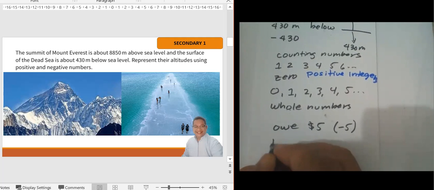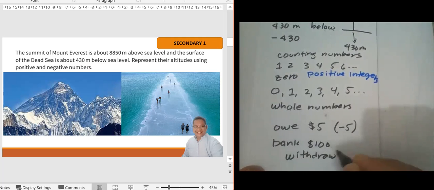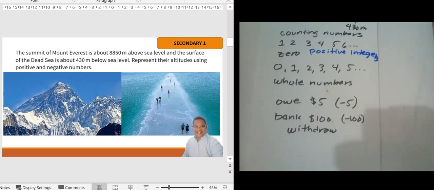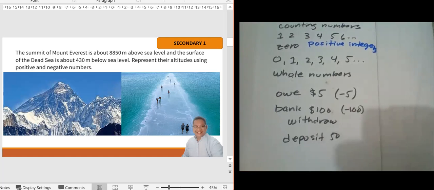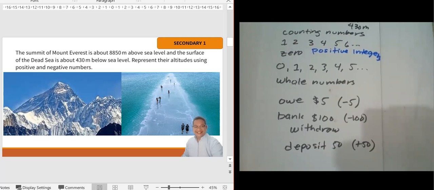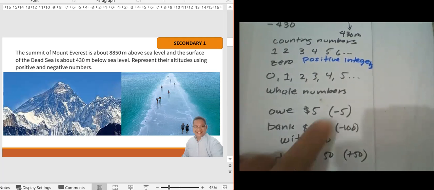If, for example, you go to the bank and you take $100, you withdraw $100, then the withdrawal of $100 is negative 100. Otherwise, if you deposit, for example, 50, then that one is positive 50. Okay? So these are the set of negative numbers.